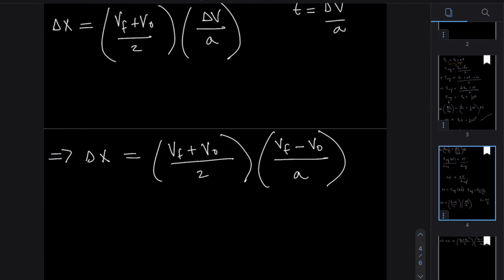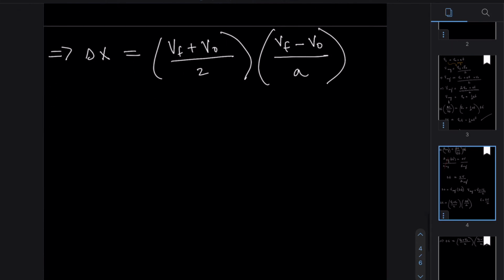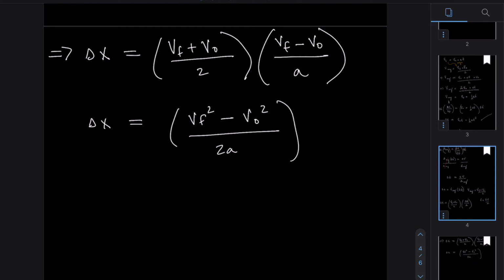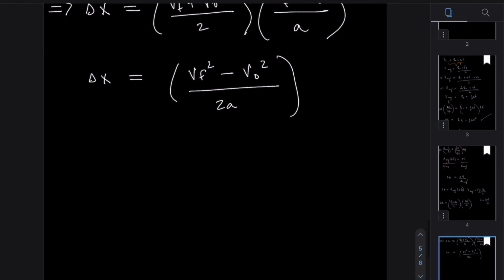And using FOIL on the top here, we get that v final squared minus v initial squared over 2a is equal to the displacement. And I just multiplied the top and the bottom, top using FOIL, and the bottom using standard multiplication. So the next thing I'm going to do is, I think it's pretty clear, right?